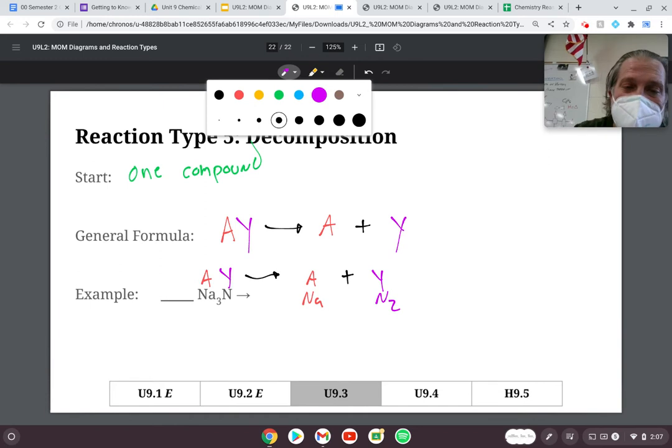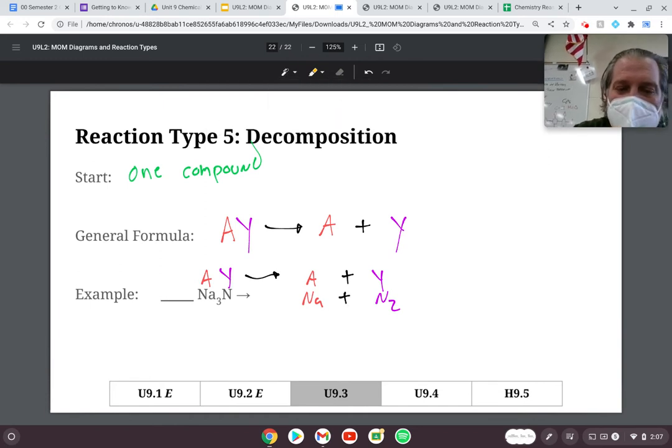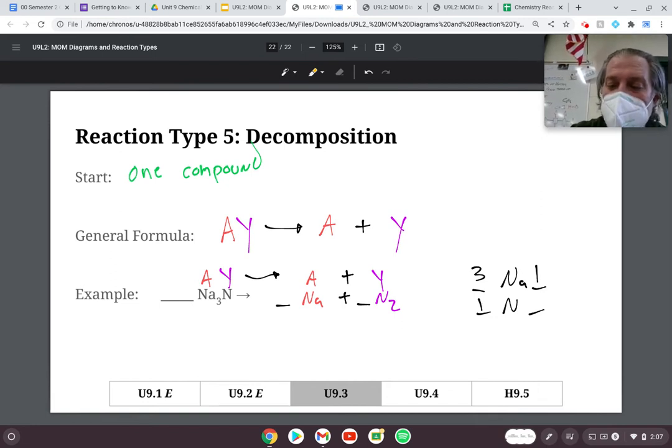Now, the last thing we need to do here is balance this particular one. And so I have Na and I have N. And on my reactant side, I had 3 sodiums and 1 nitrogen. On my product side, I have 1 sodium and 2 nitrogens. And I know that this one, by simply looking at it, if I balance my sodiums first, which you totally can, I can predict that I'm going to have to rebalance later.